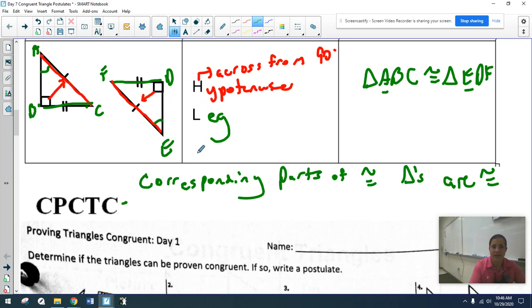So now I can say A and E are congruent. That's because corresponding parts of congruent triangles are congruent. Same thing here, C and F. C and F go together. So once you use one of these postulates, then you can mark everything equal. And we're going to use this in proofs later. Okay, so I'll show you this. This stuff will come a lot later, but I just thought I'd introduce it now.